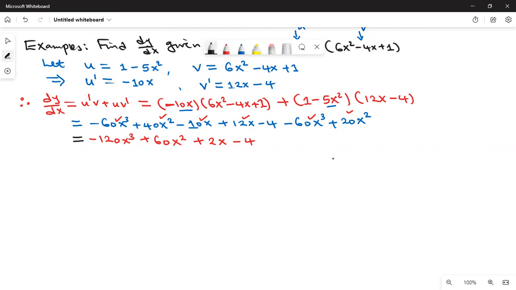In part B, you are given that y is equal to x minus 2 times x squared plus 6.